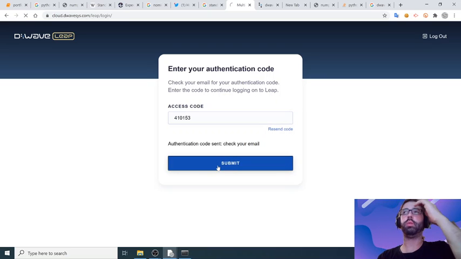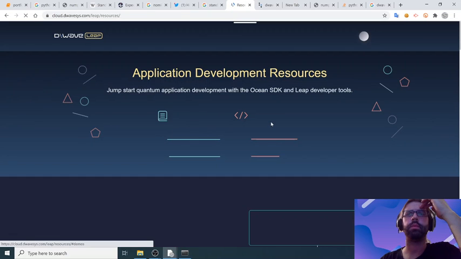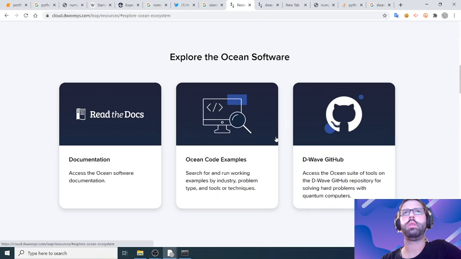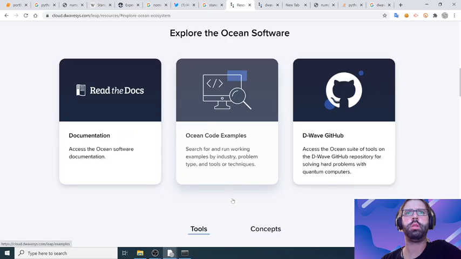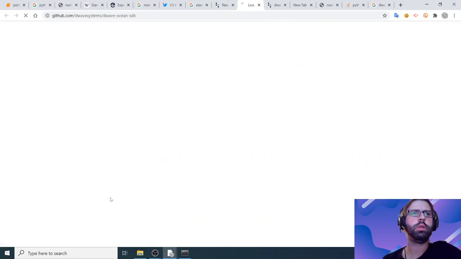So I want to download the thing. I just want to download whatever SDK, Ocean Software. Documentation, tools, here. I don't have your GitHub.